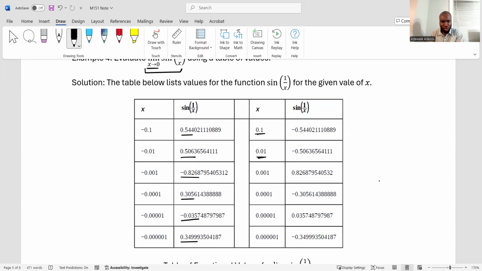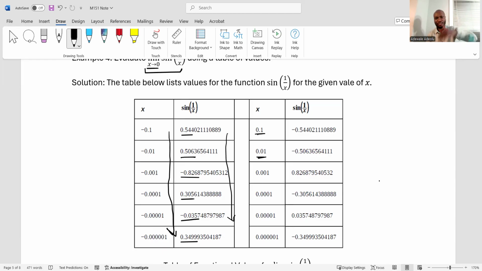What about on this side? We cannot make any claim about what is happening, or say that as we are trying to get to 0, this is exactly what the value is trying to do. We don't know what it is trying to get to, right?